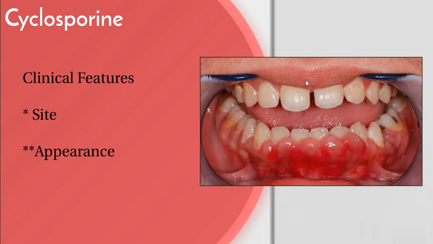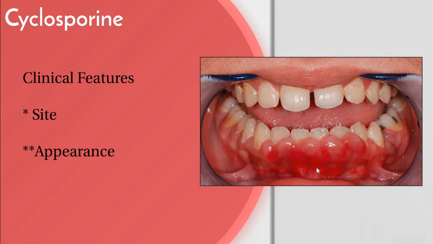In a patient who takes this kind of drug, clinically, the swelling is similar to that induced by Dilantin. It starts in the interproximal papilla, more frequently in the anterior facial areas, partially covering the crown, as you see in the picture here.